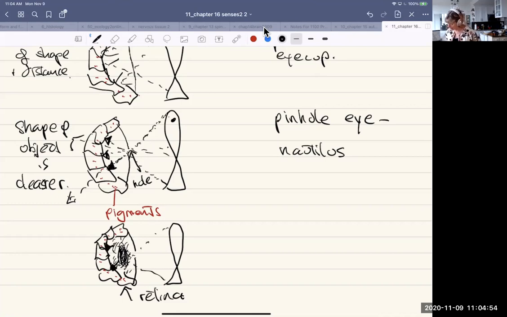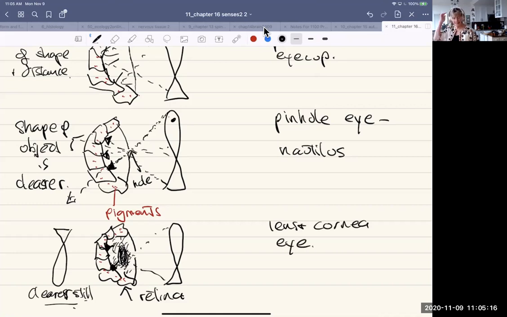But of course, still backwards. So clear still. And so this is called a lens and cornea eye. A lens and cornea eye.